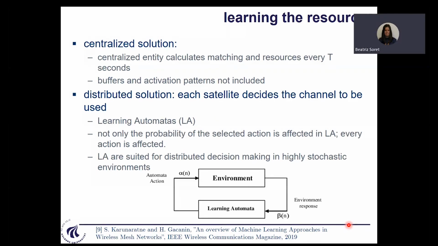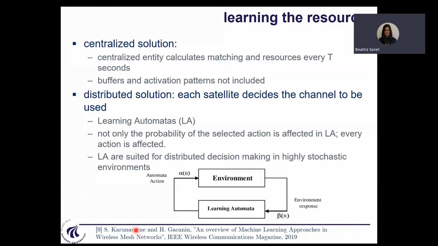So one solution that has been investigated in wireless mesh networks is using learning automata. So the idea is that not only the probability of the selected action is affected, but all actions are affected. And this seems to work well in highly stochastic environments.